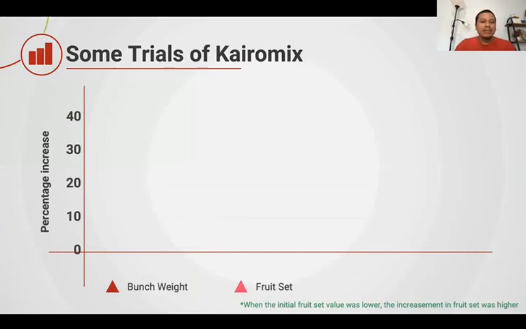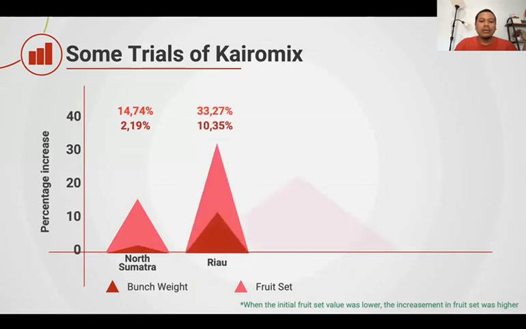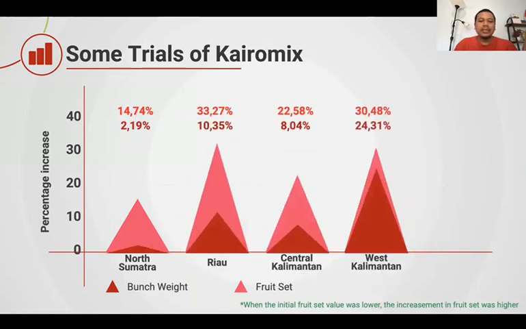This is some of the results of testing Kairomix in many areas, in some provinces in Indonesia: in North Sumatra, in Riau, in Central Kalimantan, West Kalimantan, and also South Kalimantan.